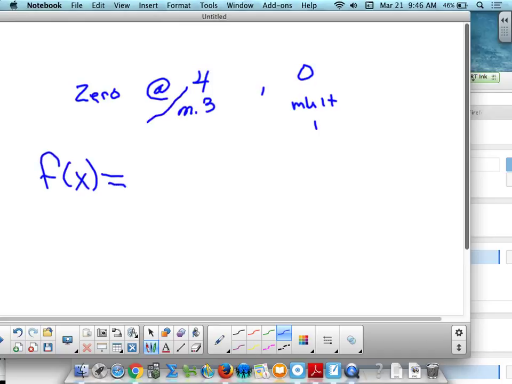If you have a 0 of 4, what factor exists? Factors are always like x minus 2, x plus 7. If 4 is a 0, where did it come from? X minus 4 is where it came from. What's the multiplicity? It's cubed. X minus 4 cubed.